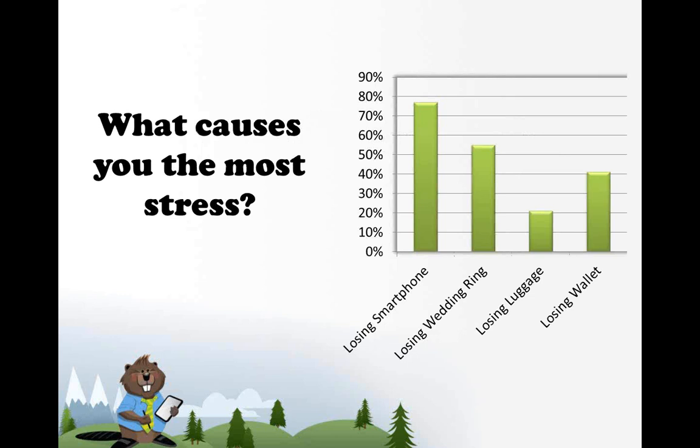So this is kind of a funny way to start the presentation a little bit. There's a study done, and they've done variations on this in the last several years. This is the most recent version of their study. This was done just 2 or 3 months ago. So what causes you the highest stress level? Losing your own smartphone was more stressful than losing a wedding ring, losing your wallet, or losing luggage.